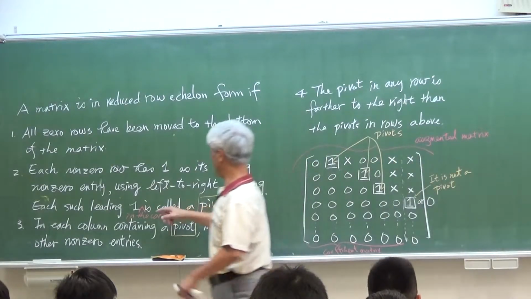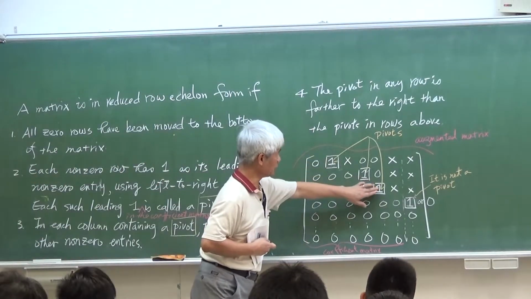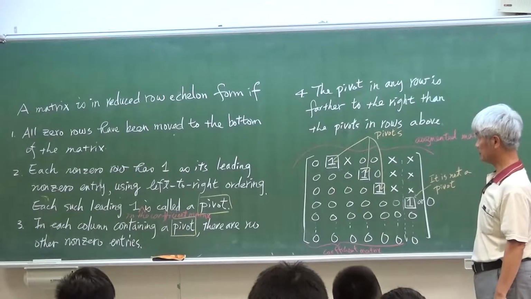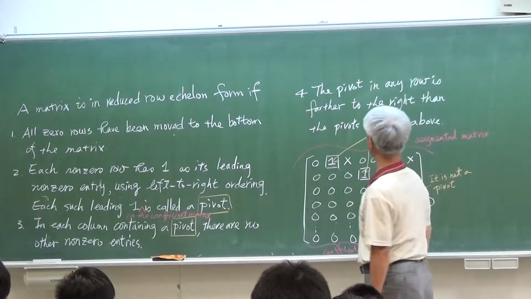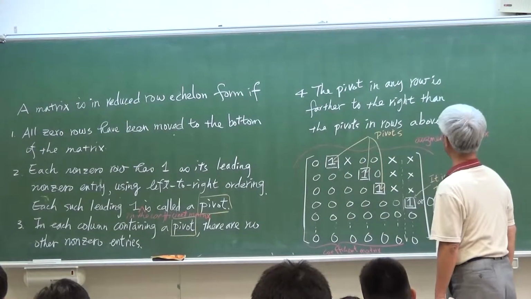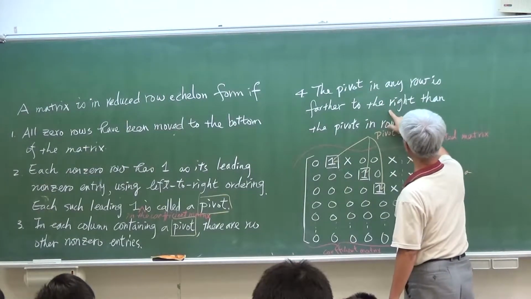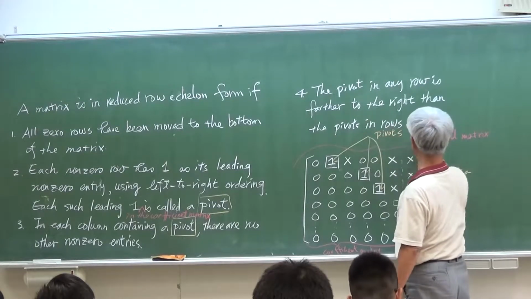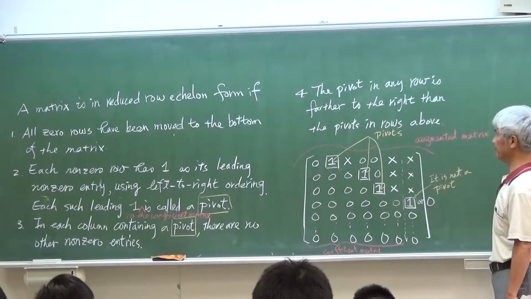So the amendment is very important here because we call these ones pivots, but this is not. And the pivots in any row follow to the right, then the pivot goes above. Okay, that's all.